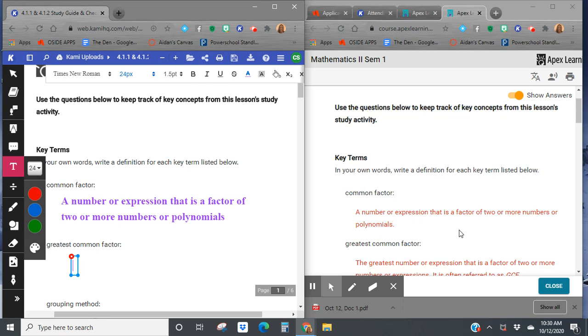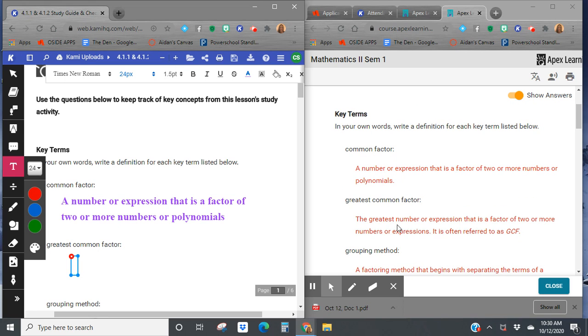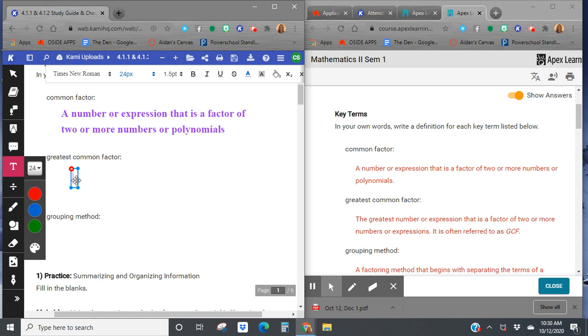Okay, and then we're on greatest common factor. The greatest number or expression that is a factor of two or more numbers, and it is often referred to as a GCF.